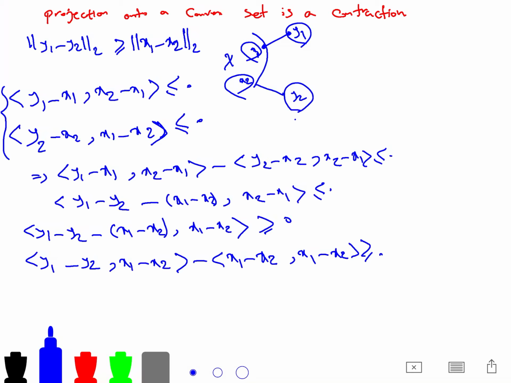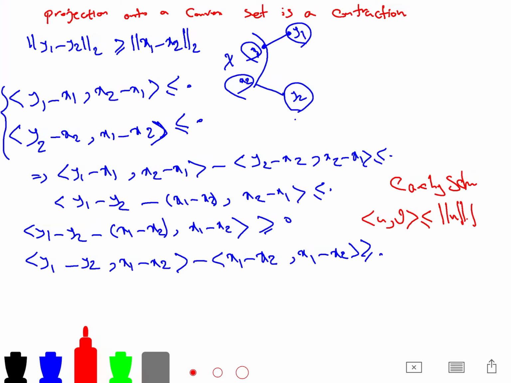And now I want to use the Cauchy-Schwarz inequality. Remember, if you have two vectors u and v, the inner product between them is less than or equal to the multiplication of their norms.